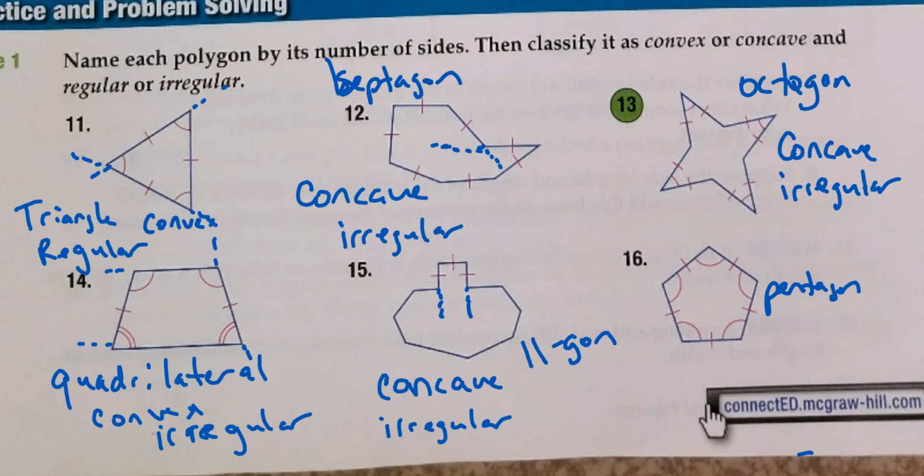It is convex because none of those sides would extend inside the shape. And it is regular because all the angles and all the side lengths are congruent.